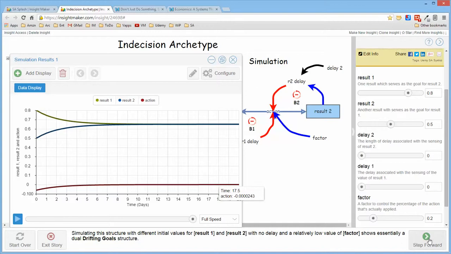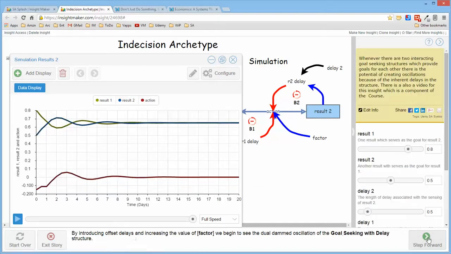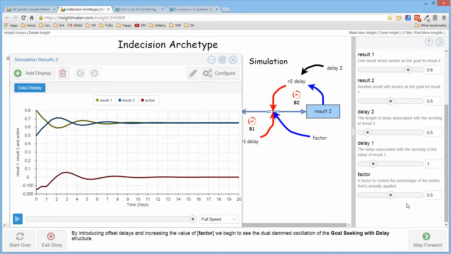Though if we add some delay, and we increase the factor so that the interactions are happening more aggressively, we begin to get the damped oscillation behavior that we saw from the goal seeking with delay.